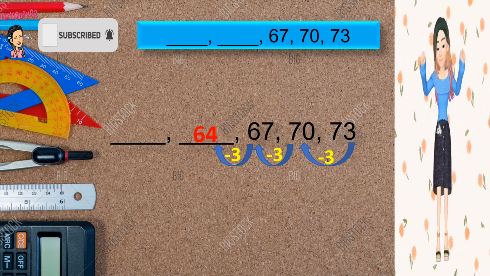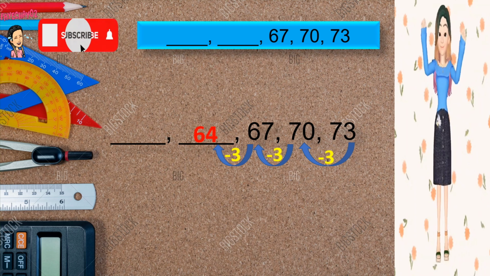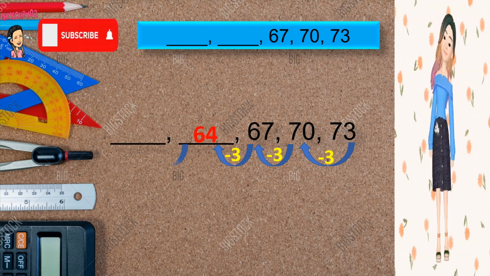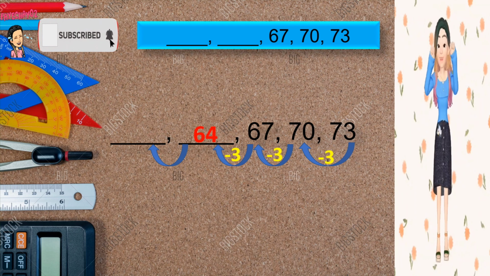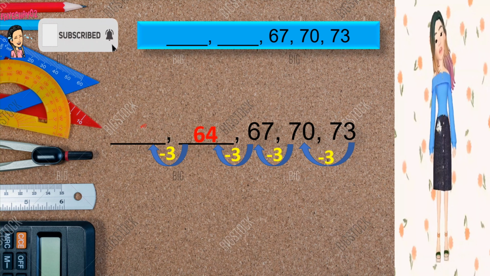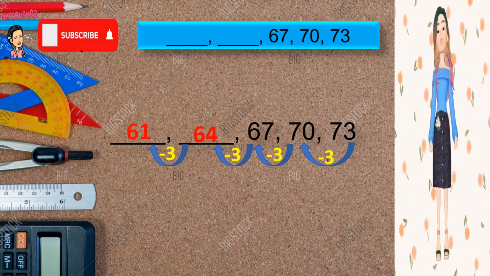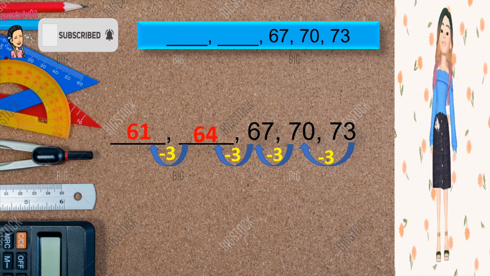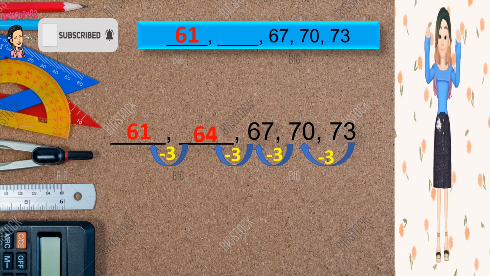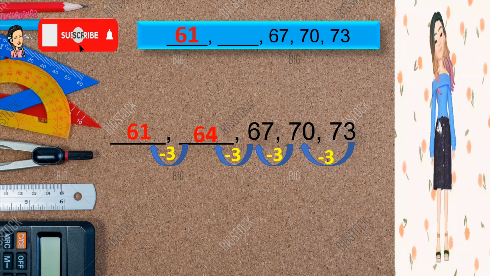Then, let us get the difference between the second term and the first term. So, minus 3. Again, minus 3. So, we have 64 minus 3 is 61. So, the first and second term is 61 and 64.